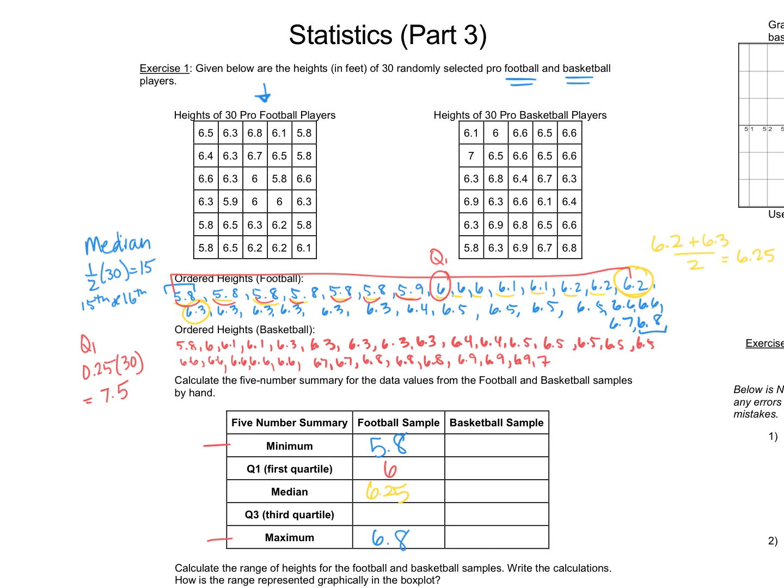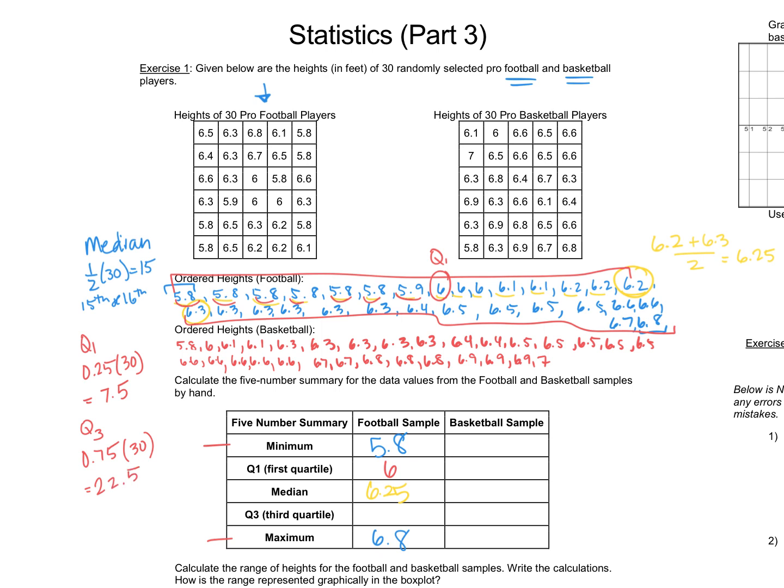And then for the third quartile, it's really looking at the other 15 and trying to find the middle, which again, you could just count 8 from that 6.3, but you can also use the locator, which says we're going to take 0.75. So this is showing that 75% of the data falls below this number here. So 0.75 times 30 ends up being 22.5.